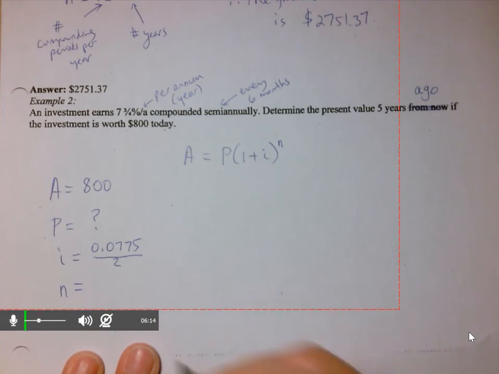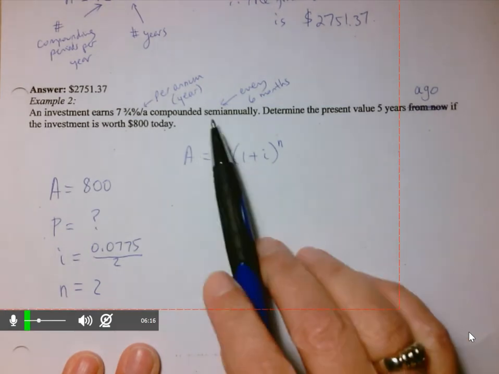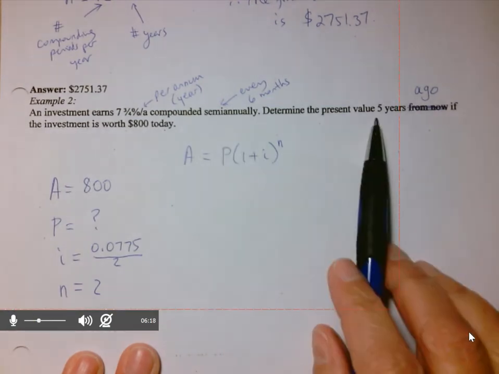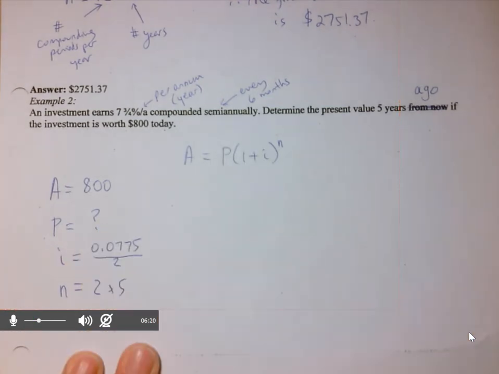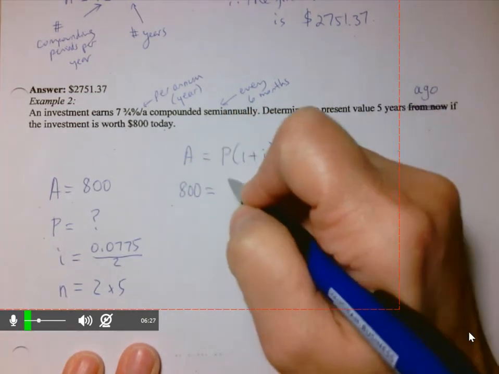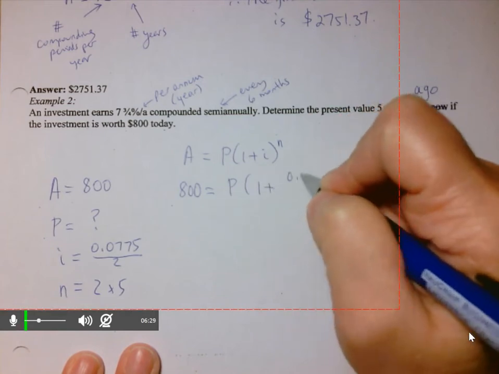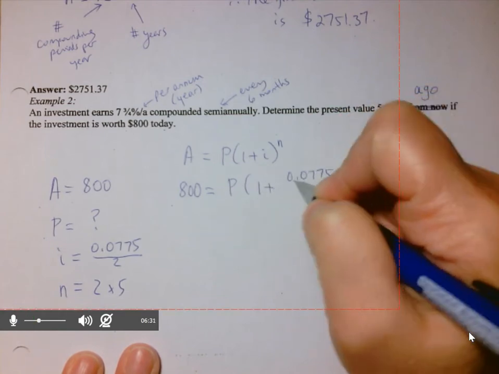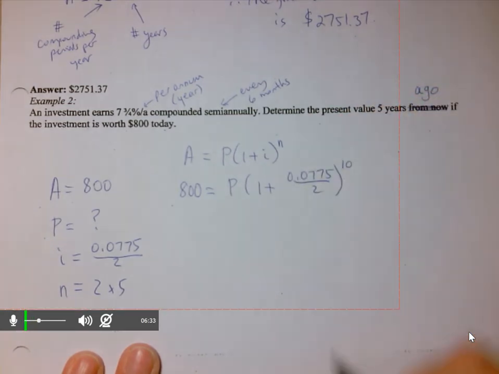And how many compounding periods? Well, we have 2 in each year because it's semi-annual, and we're doing this for 5 years. Okay, now we have everything. We'll put it in the equation here. So 800 equals P times 1 plus 0.0775 divided by 2 to the exponent 10.